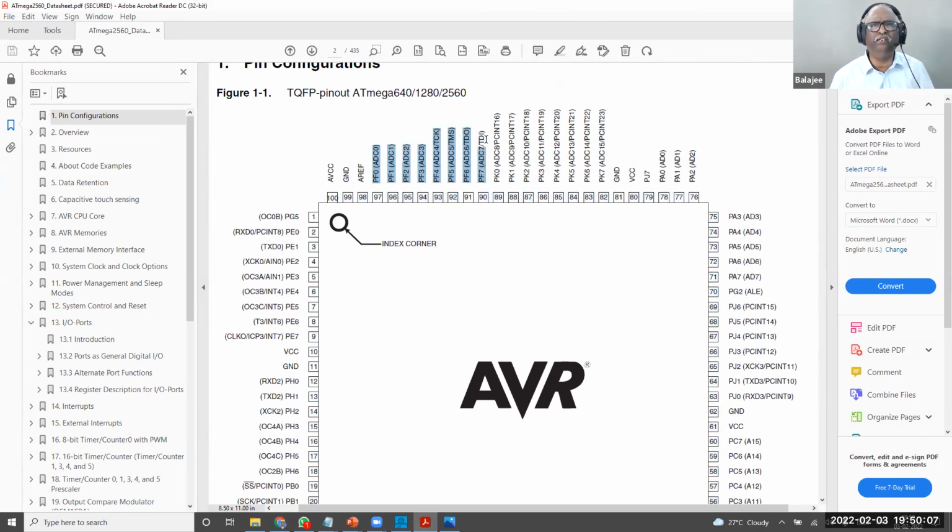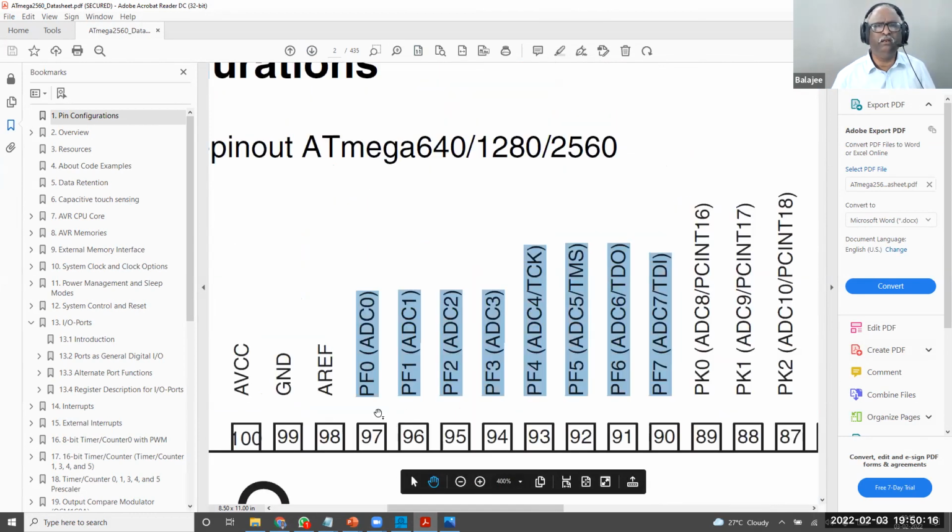Think about only these 8 pins and forget about the other ports. Am I right? Let me zoom in. So on the chip, pin number 91 is PF6, 90 is PF7, and 97 is PF0.